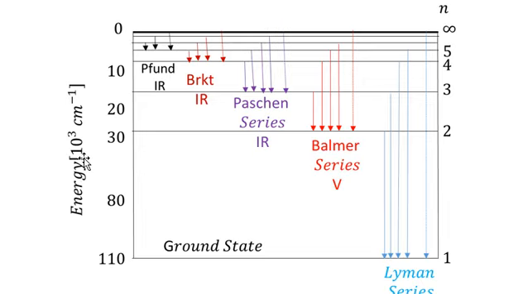This is the energy in terms of 10 to the power 3 centimeter inverse. That is, we are using these values of energy expressed in terms of the wave numbers. So we have these values of energy 0, 10, 20, 30, and so on up to 80, and then ultimately 110, in terms of wave numbers multiplied by 10 to the power 3 centimeter inverse.